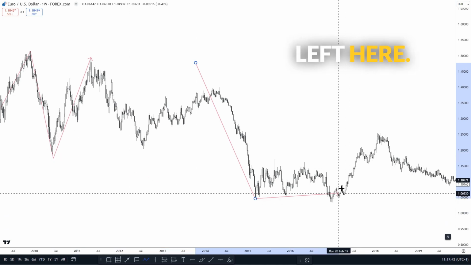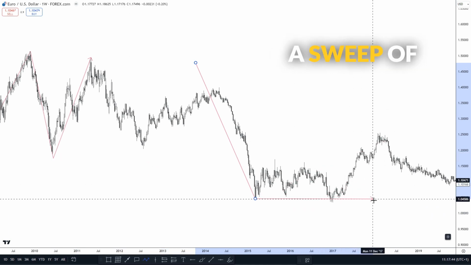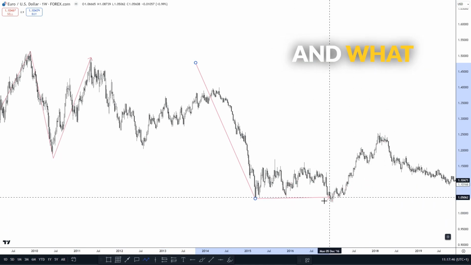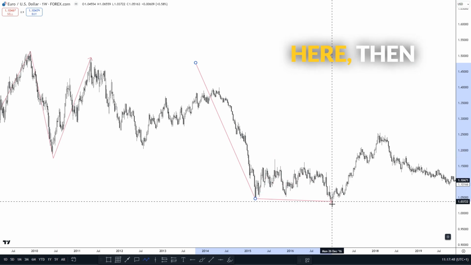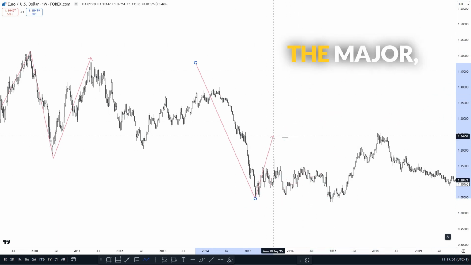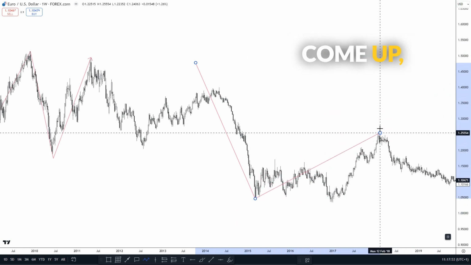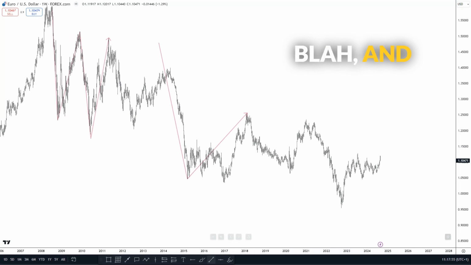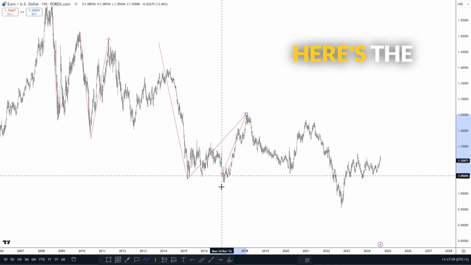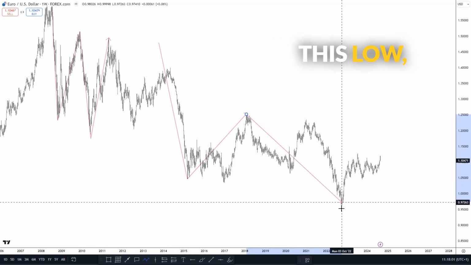And then again, we had kind of a sweep of that low and what I would have called minor structure here. Then we've taken out that minor structure, come into the major, come up, and so on. And then here's the low, here's this low.